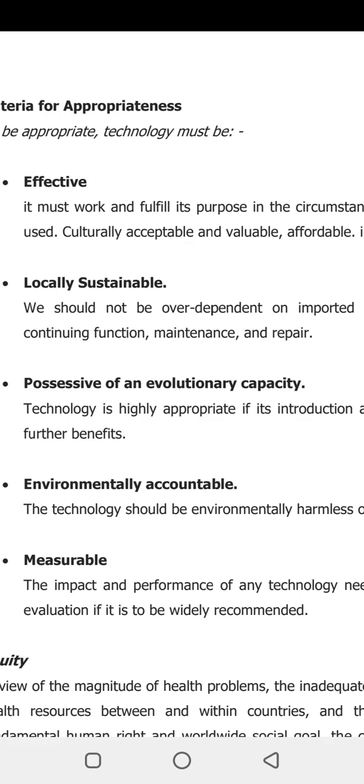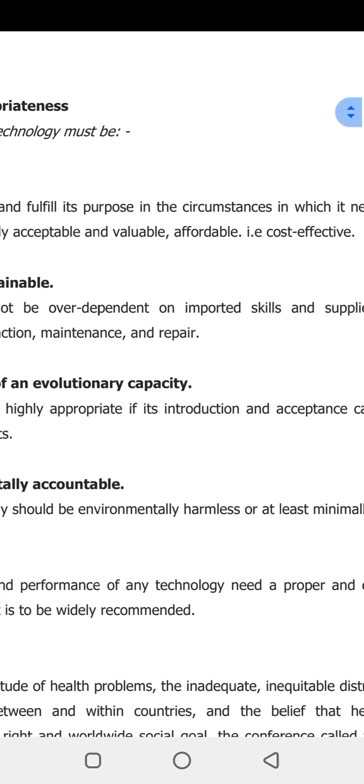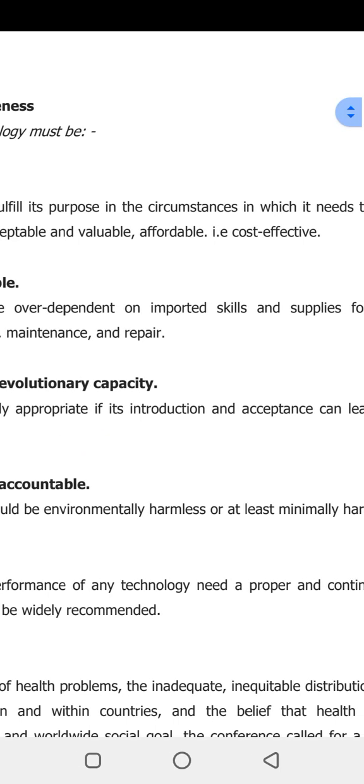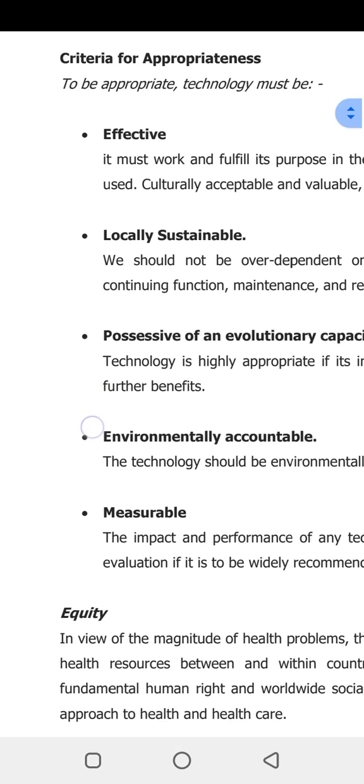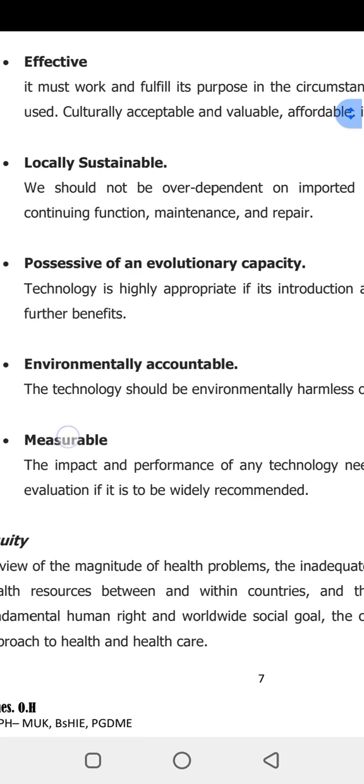Culturally acceptable and valuable, affordable, i.e. cost effective. I talked about that already. Locally sustainable.